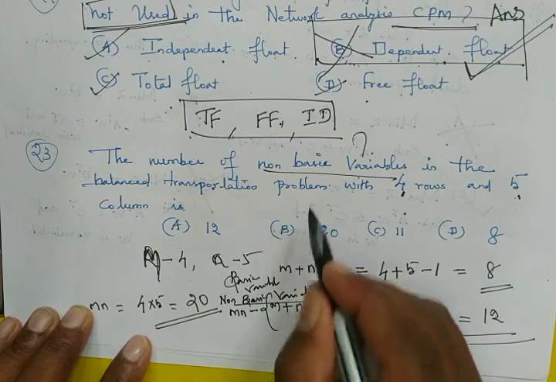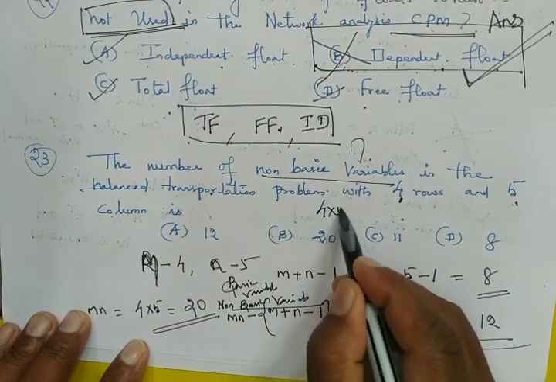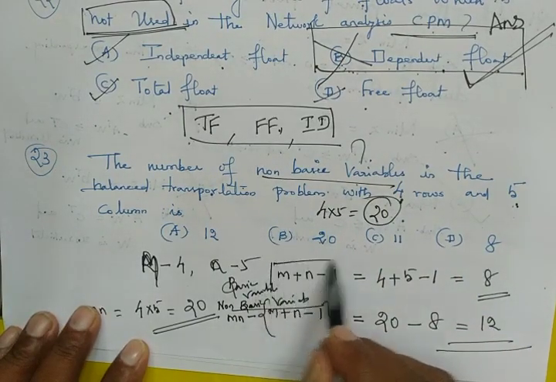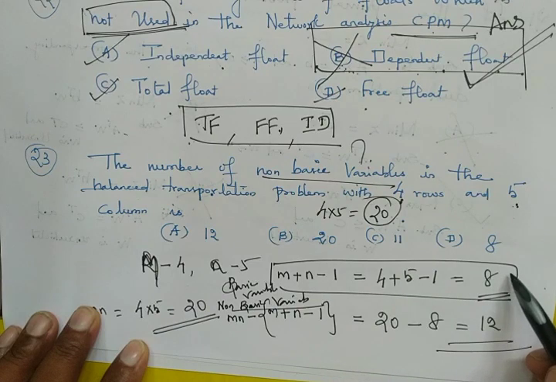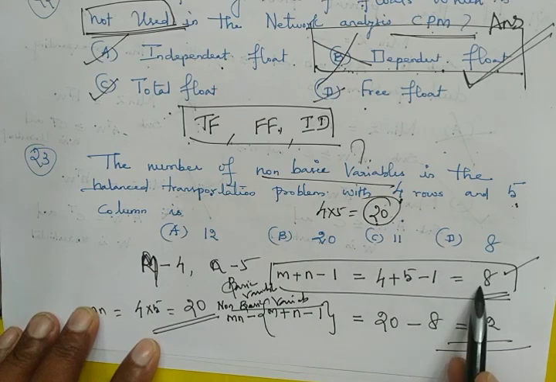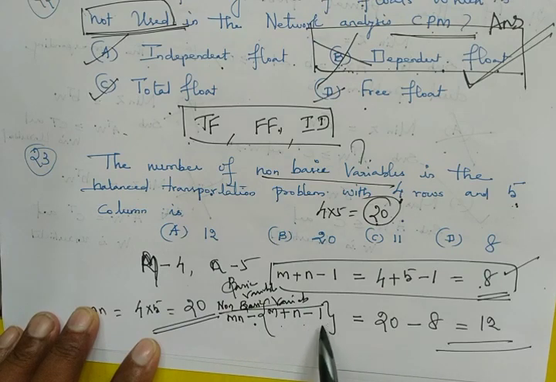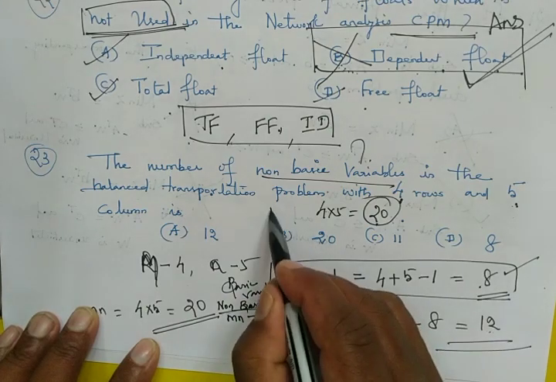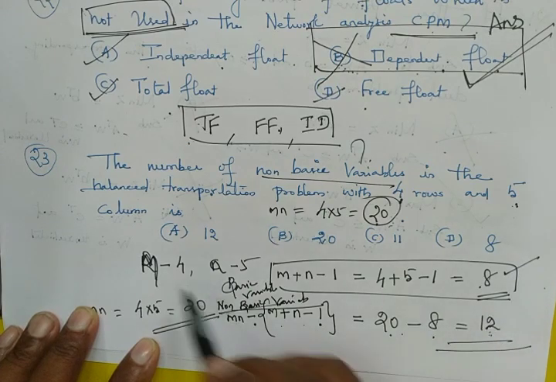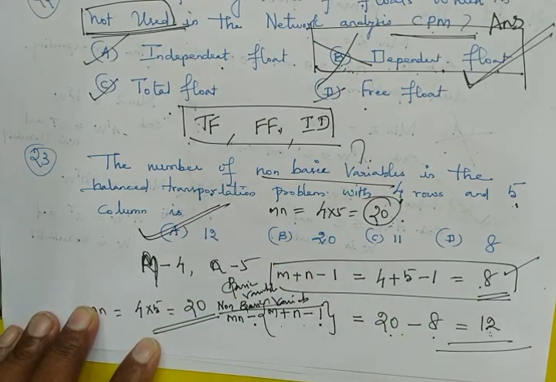So the variables involved in this problem are 4 into 5, which is 20. Then you find the basic variables. There are 8 basic variables. Total variables involved in the problem minus the basic variables gives the non-basic variables. mn is 20, 20 minus the basic variables 8. Therefore the non-basic variables of the problem are 12. This is the right answer.